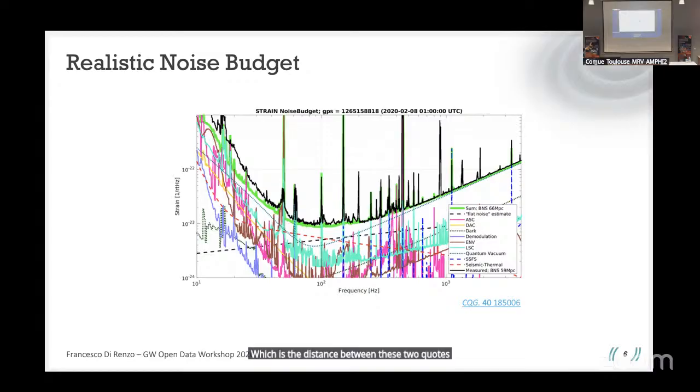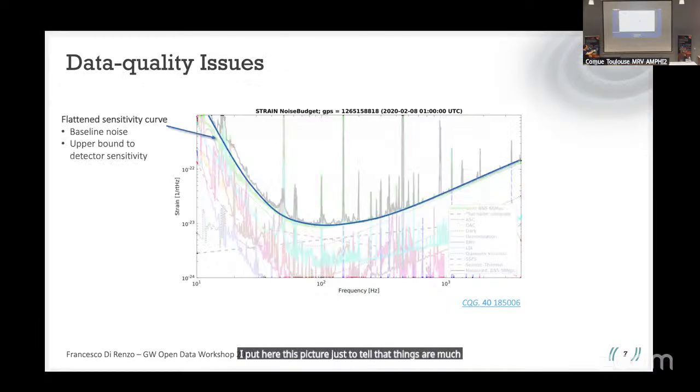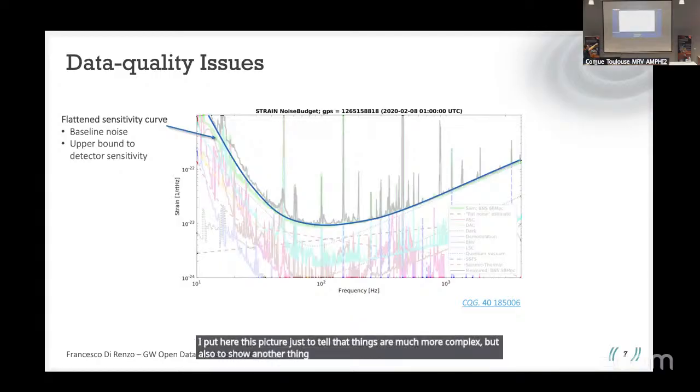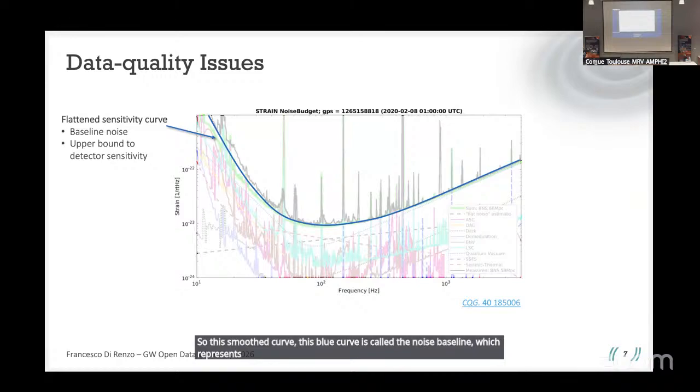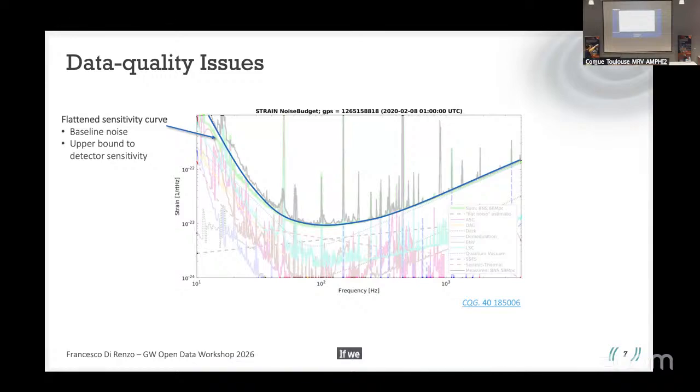I put this picture here just to tell that things are much more complex, but also to show another thing. This smoothed curve, this blue curve, is called the noise baseline, which represents a sort of upper bound to our sensitivity. If we are able to remove all the fuzzy things on top of it, we could see as far as this distance.